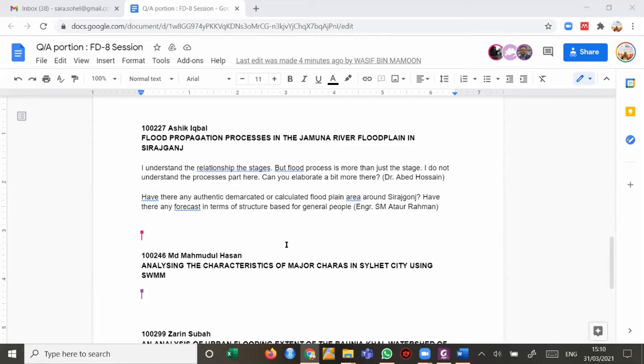Yes, sir. And I have another question regarding your use of drones for collecting data. It's a good thing that you have very high resolution data, but the area is very small, isn't it? Yes, 2.4 kilometers.